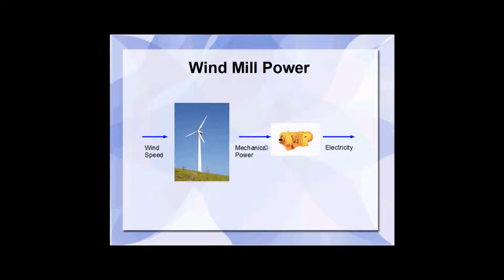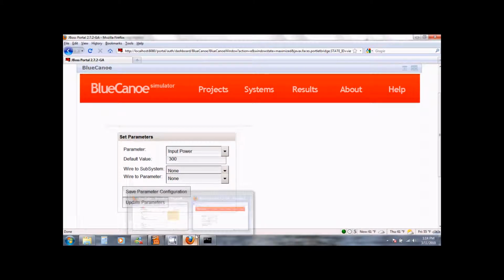Therefore, we wire the input parameter of the generator to the output power of the windmill, and this is how we do it. So to wire it to the windmill subsystem, we simply select windmill. We update the parameters so we have options in our list, and then we wire it to the power parameter of the windmill. This is the output power of the windmill.